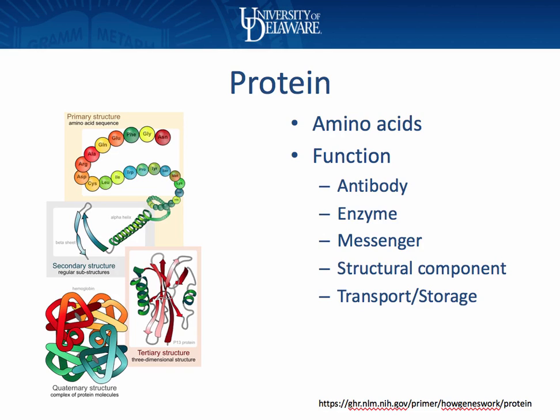The sequence of amino acids determines each protein's unique 3-dimensional structure and its specific function. Proteins can be described according to their large range of functions in the body. For example, they can function as an antibody, an enzyme, a messenger, they can be a structural component, or be involved in transport and storage.